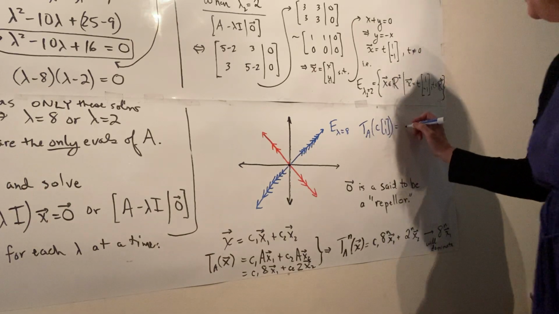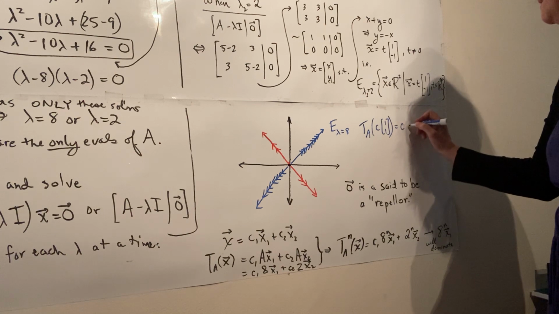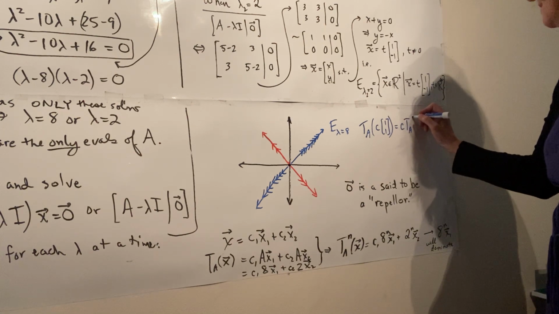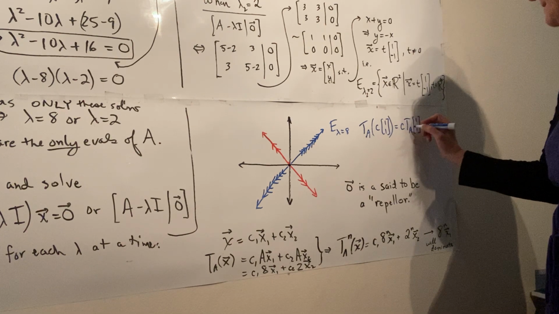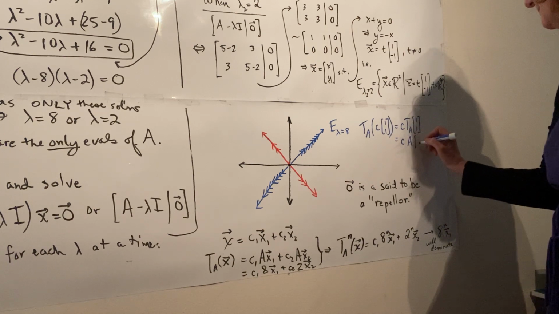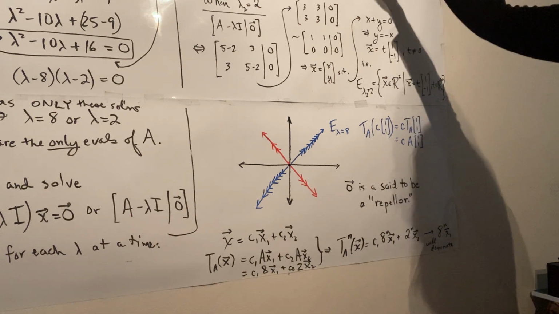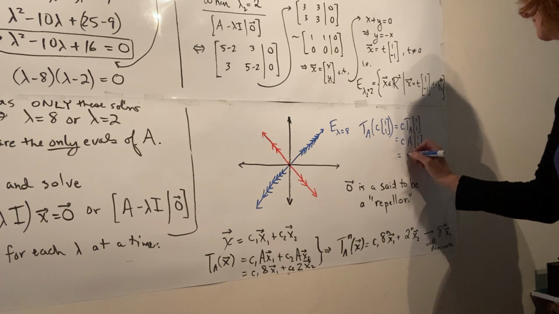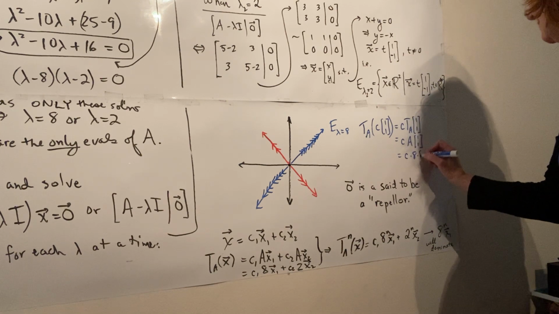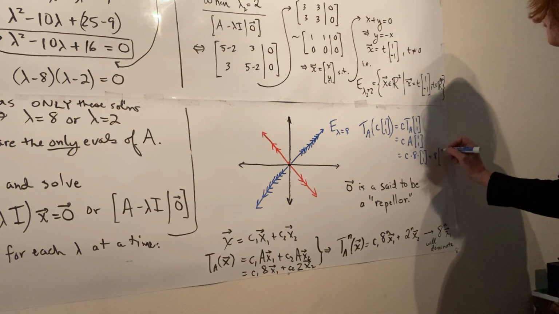Well, that's a linear operator, so you get c times T sub A of (1, 1), which is the same thing as A times (1, 1). And since (1, 1) is an eigenvector for lambda 1 equal to 8, that looks like c times 8 times (1, 1). And so what you end up getting is that this is equal to 8 times whatever that original vector was.